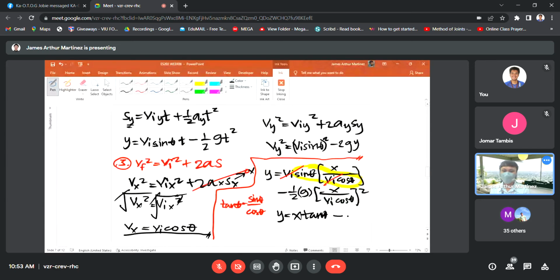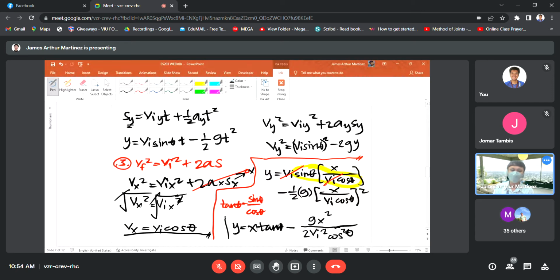Nothing cancels out, so you have g x squared over 2 vi squared cosine squared theta. So we simplify it, and that is the derived equation.